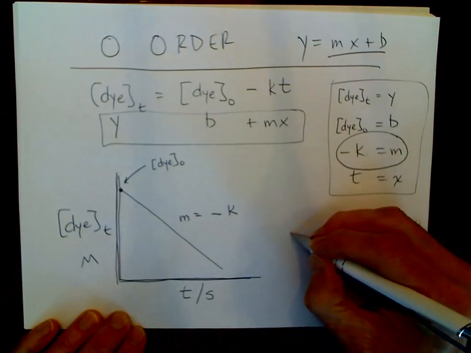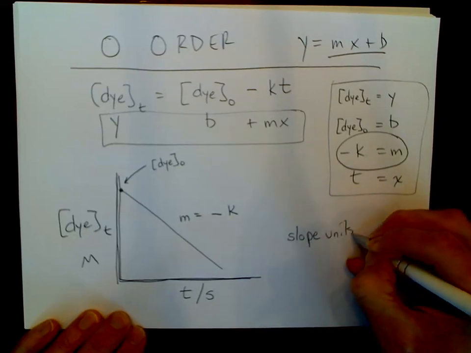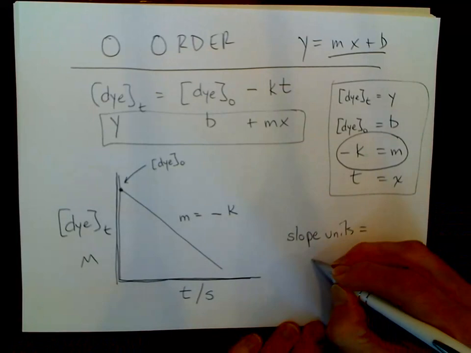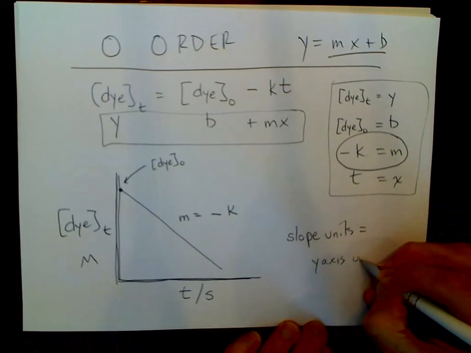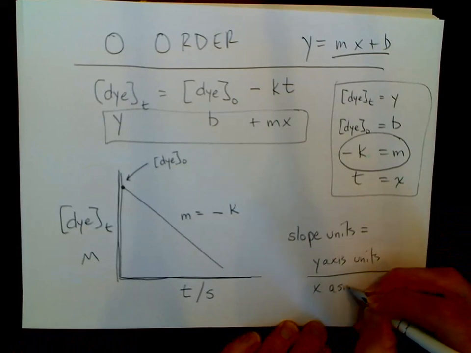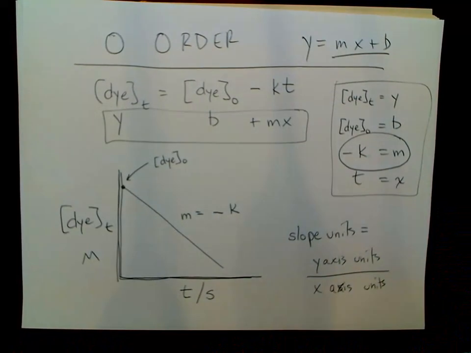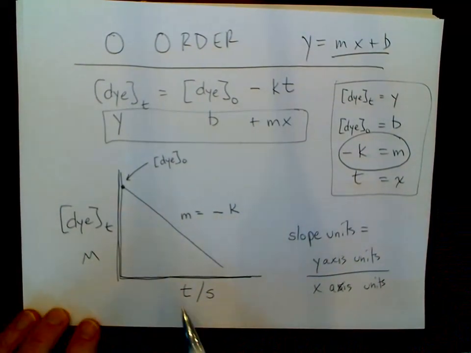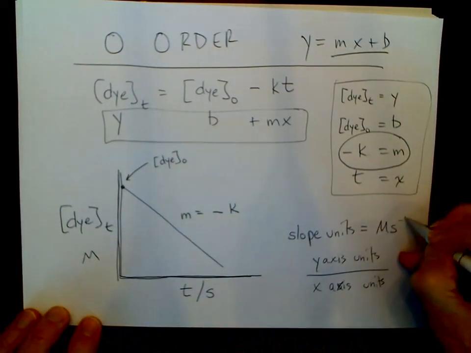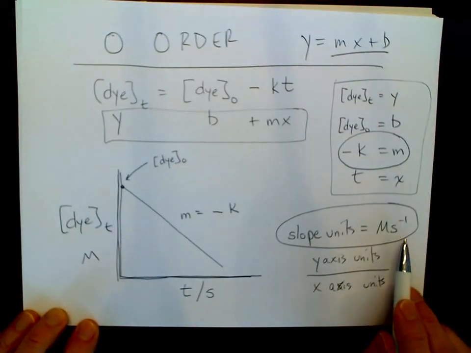So, right, the slope units should be the y-axis units divided by the x-axis units, in which case it's going to be molar per second. And if you go back and check, indeed, these are the units for a zero order process.